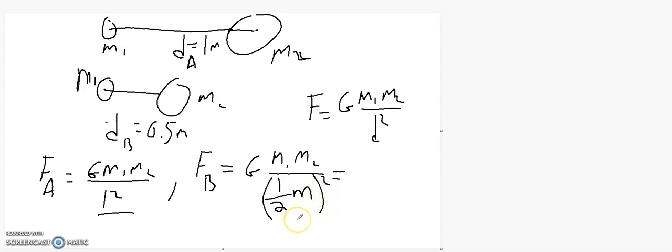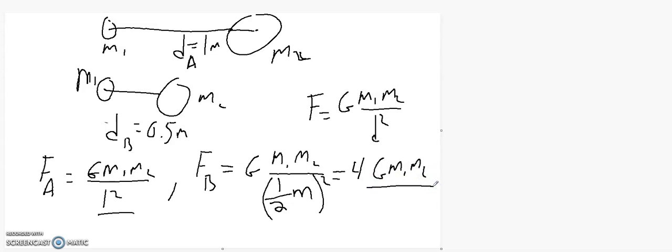The 2 squared comes up to the numerator. So this becomes 4 times G times M1 times M2. So now it's 4 times the strength.